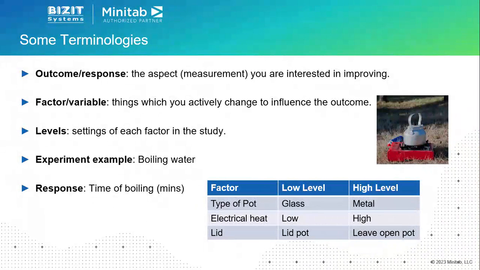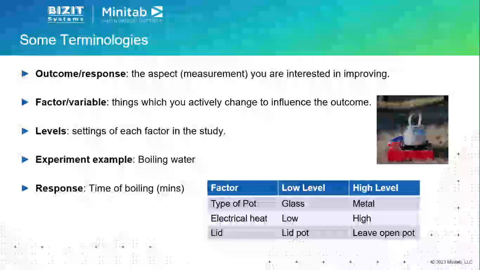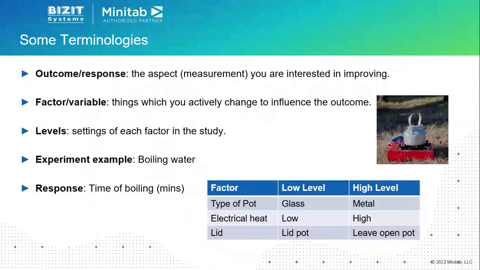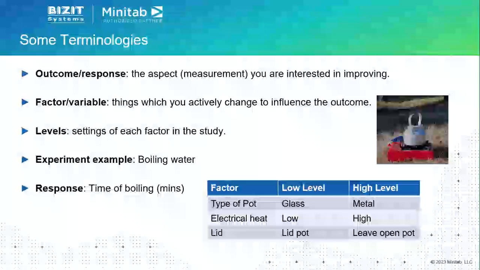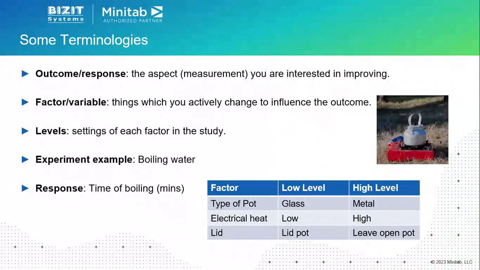Then your factor, or maybe you call it a variable or a parameter, is something you actively change to influence the outcome. And then there is a label for the setting of each factor or parameter. For example, your temperature will be low and high, your diameter will be long or short, something like that.